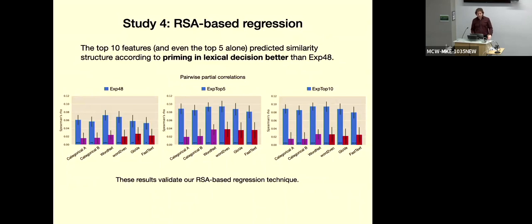So what this tells you is that our algorithm, this cross-validated random forest-based regression of semantic features, really works. It really helps you isolate which features contribute the most to the semantic representation of word meaning.